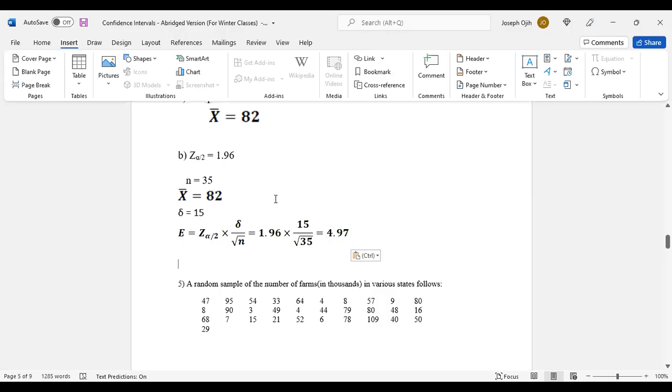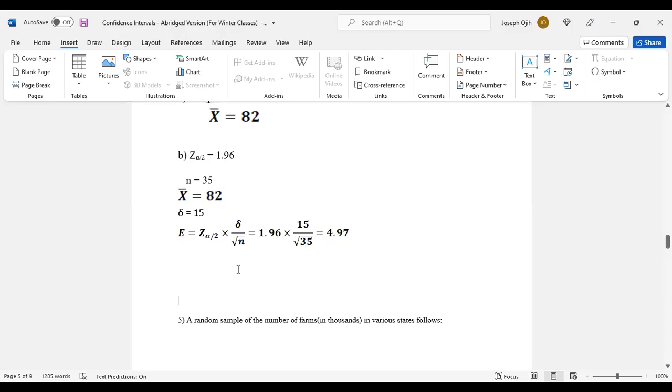So we have answered the second part because it says find the critical value. We did that. Find the error. We did that. Now we can get the confidence interval.